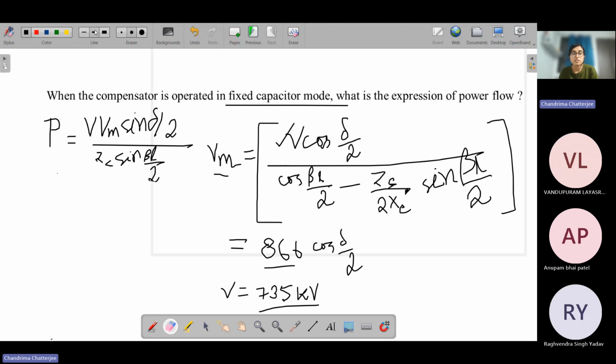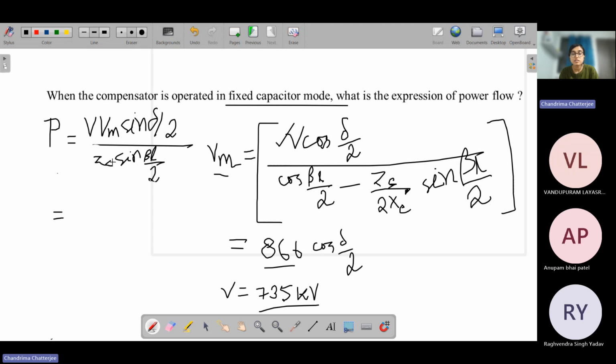That is the expression. We know what VM is, we know what V is, we know what ZC is, and we also know sin beta L by 2, right?